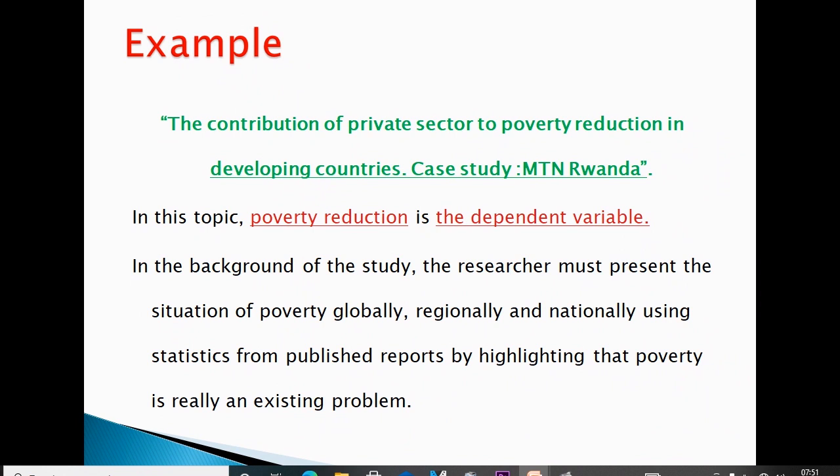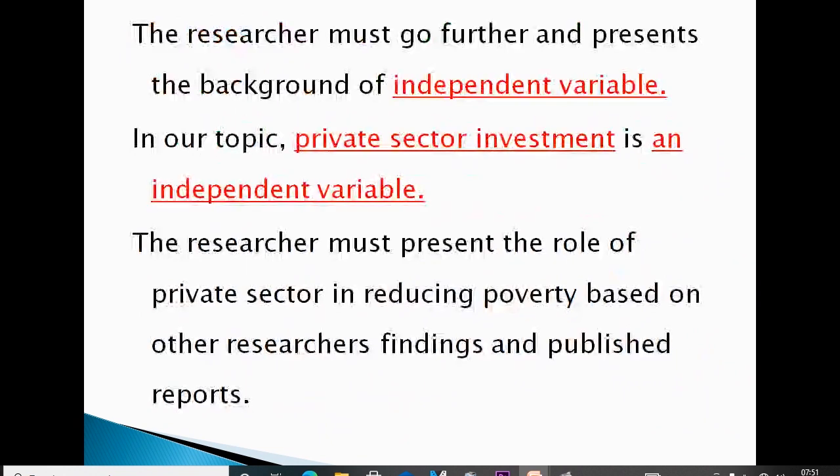In the background of the study, the researcher must present the situation of poverty globally, regionally, and nationally, using statistics from published reports, highlighting that poverty is really an existing problem.